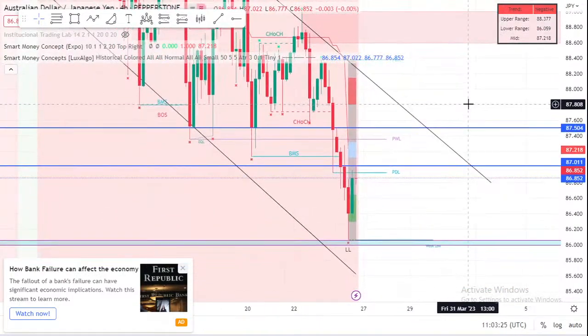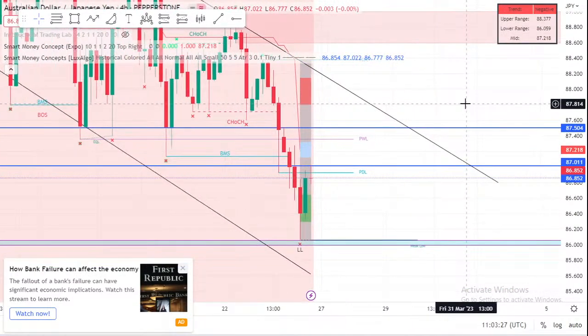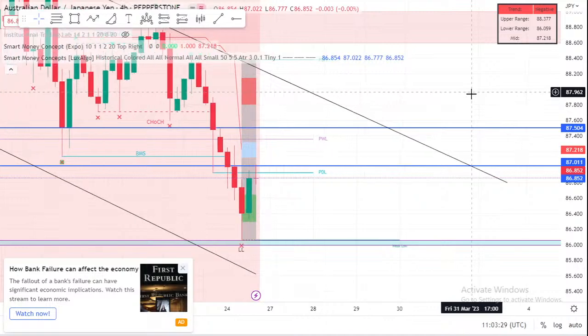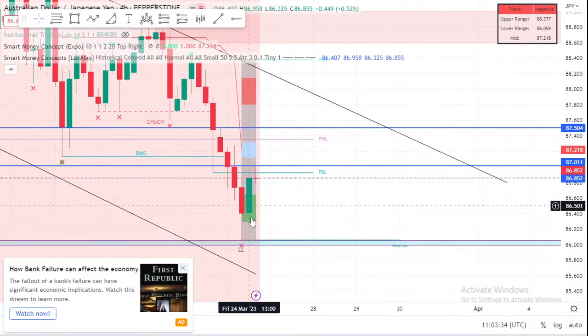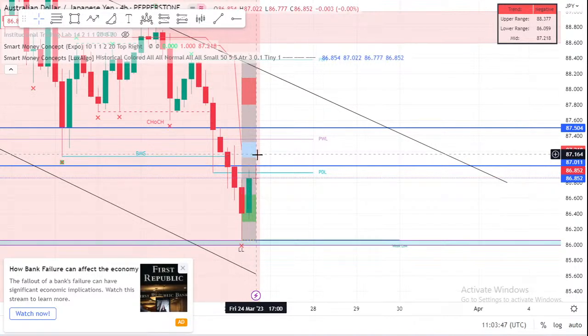One thing I love about the smart money concept expo is that this one will give you this tube, and you can use it to follow the movement in the market. You'll notice that once you get to this point, the blue up point, there will be some sort of resistance.